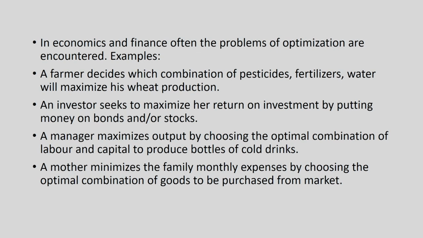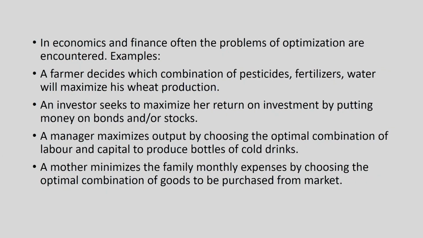A mother knows that she has to run a household and she has to buy a certain minimum amount of goods so as not to hamper the calorie intake or the nutrient intake of the family members. At the same time, she wants to reduce the monthly expenses as much as possible. So how does she do that? So this is another example of optimization.